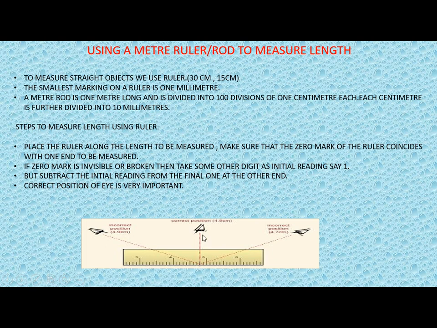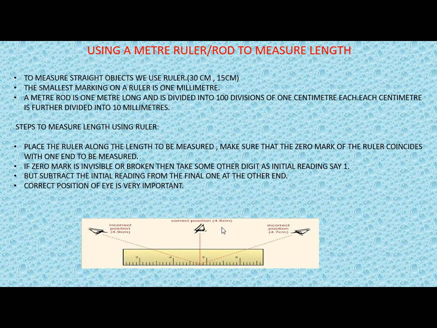Whenever you take a measurement of any object, you should put your eye at the correct position, because if a person sees slantingly from this position, he gets 4.9 centimeter as the reading on the scale, and from this side the person sees 4.7 centimeter, but the actual reading is 4.8 centimeter.